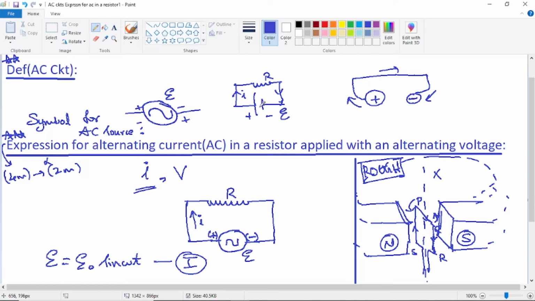Kirchhoff's voltage law is applicable especially to an electric field present inside a closed circuit. Kirchhoff's voltage law is directly based on the conservative nature of the electric field.